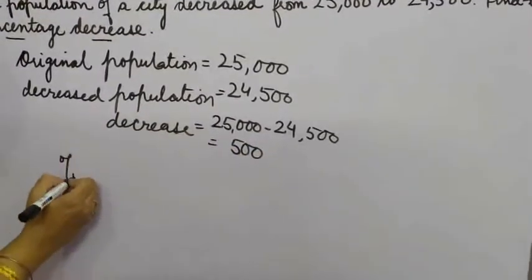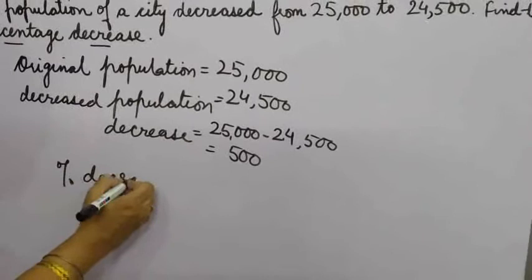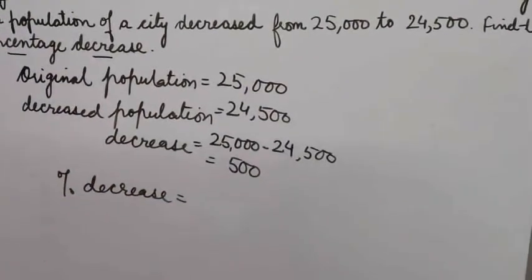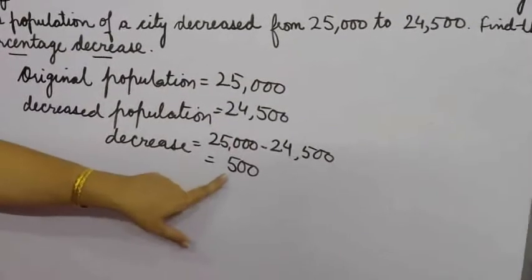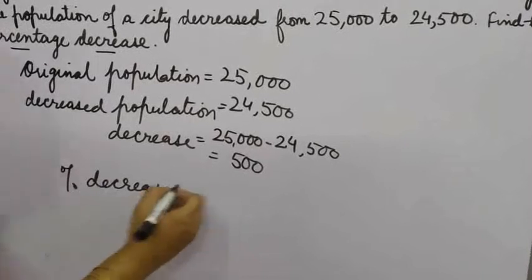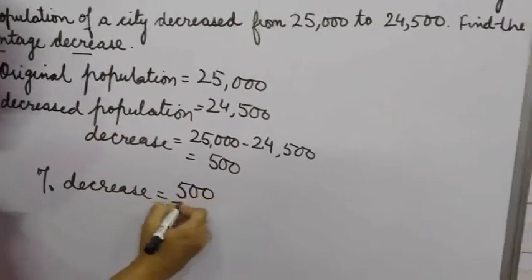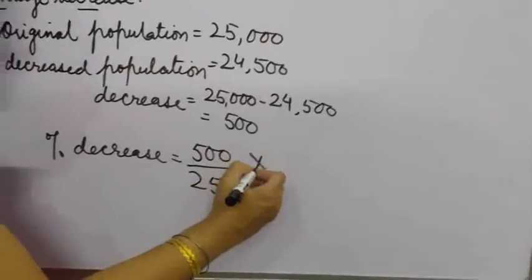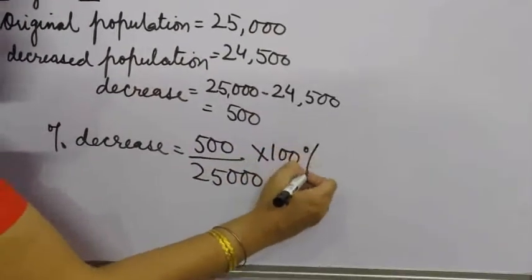Now we have to find out the percentage decrease. Percentage decrease means the percentage of how much the decrease was. So that would be decrease upon original multiplied by 100%. How much decrease happened? 500. What was the total? 25,000. And since we are to convert it into percent, it is 100%.